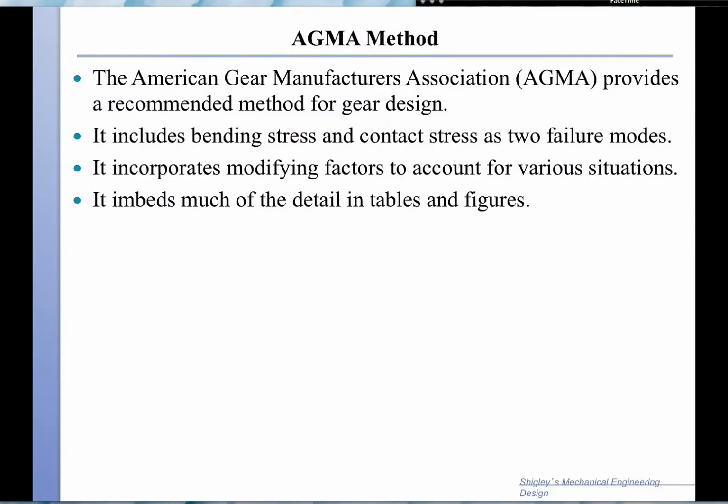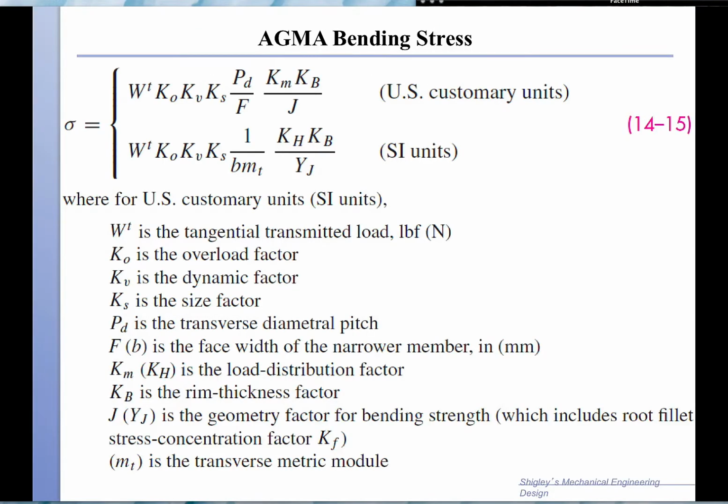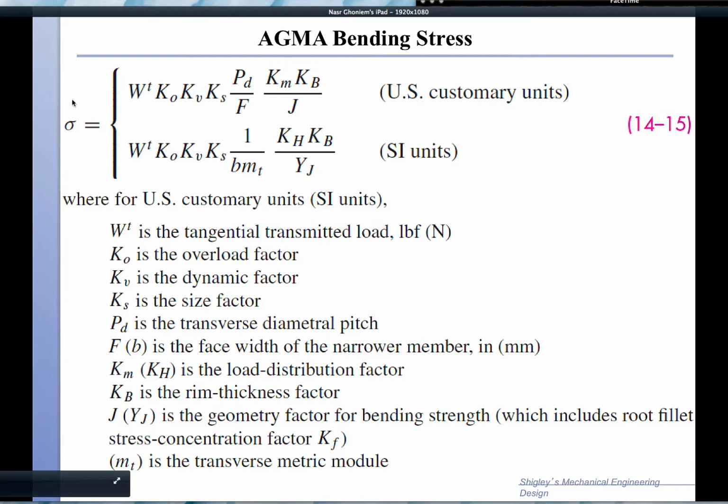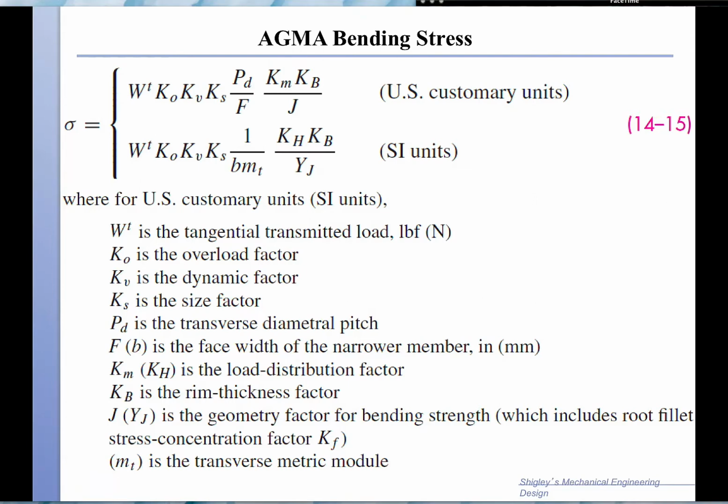So the AGMA method is based on the stress, this is the bending stress. So we look at the bending stress first. It's equal to the tangential force times the diametral pitch divided by the face width. Remember, before we had two factors.